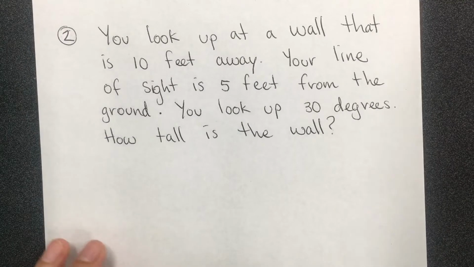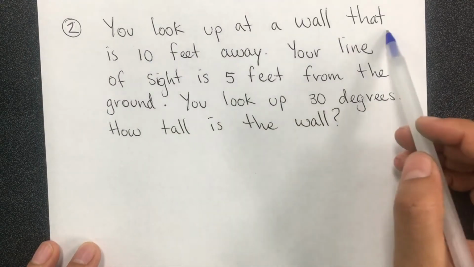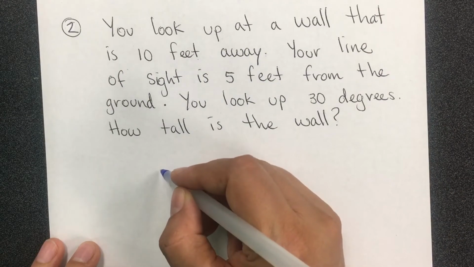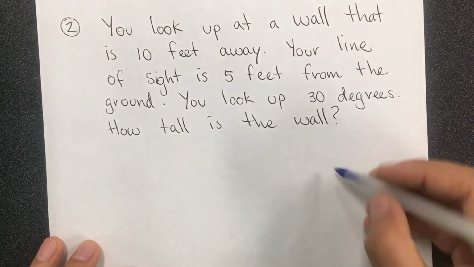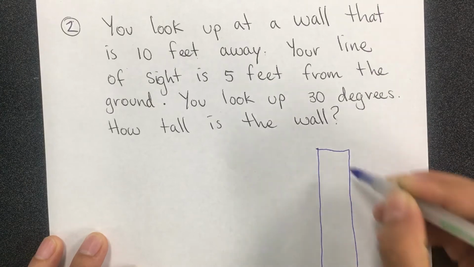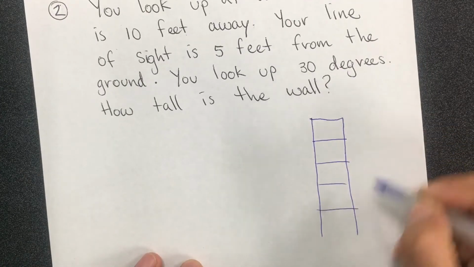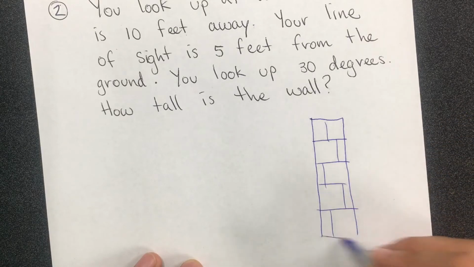Okay, the next one says, you look up at a wall that is 10 feet away. Okay, so there is a wall. Let me just put it on this side. So there is a wall. Let's make it fancy.